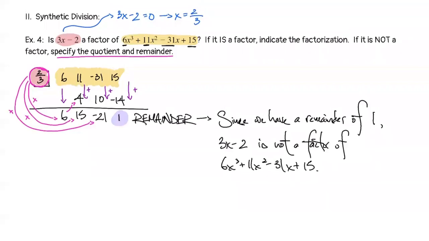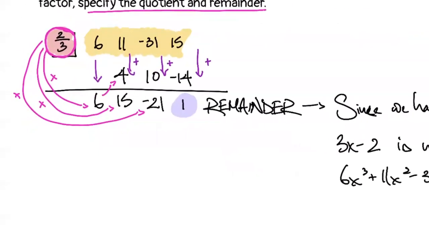All right. So we're going to go back in and take a look at what these numbers mean right here. This -21 is going to be a constant term, like it's just a number. This positive 15 is going to stand for 15x, like a linear term. What is the 6 going to stand for?